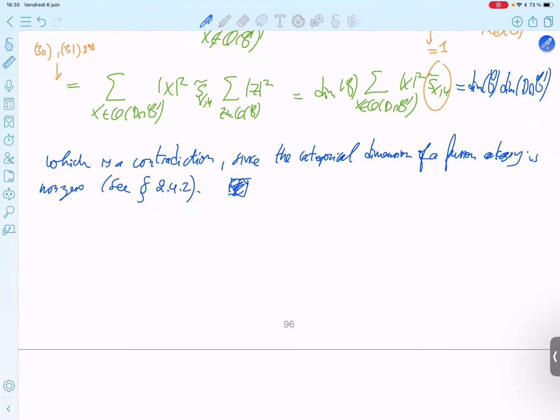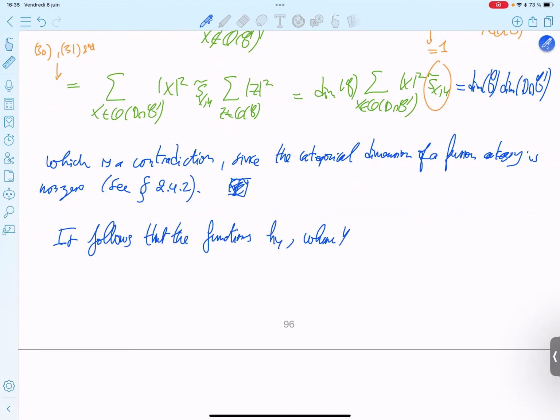For some immediate reason, it follows that the function hy, where y runs over a complete set of simple representatives of distinct D prime components of C, form an orthogonal basis.